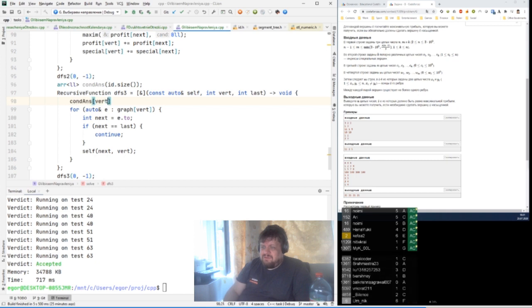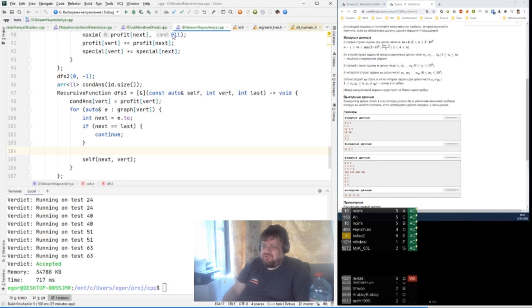Here we have the second DFS, where we actually assign the answer. Here we actually shouldn't do this, because it would cause us problems when we go down.